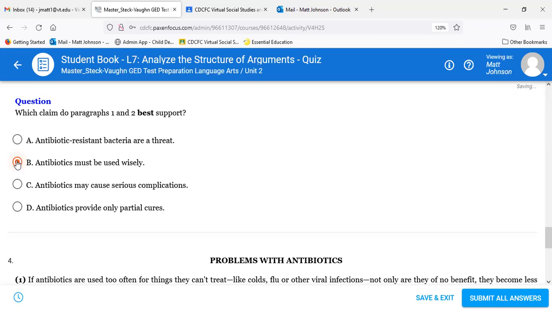So the claim they're making is that they're very effective, but you need to make sure that you're using them for the right thing and that you use them completely. Like I mentioned, they used to give these for colds and viral infections, and they don't do anything. But they also make them less effective if you then get a bacterial infection that they're used for. And the other thing you never, ever want to do is stop taking a course of antibiotics if you're prescribed them.